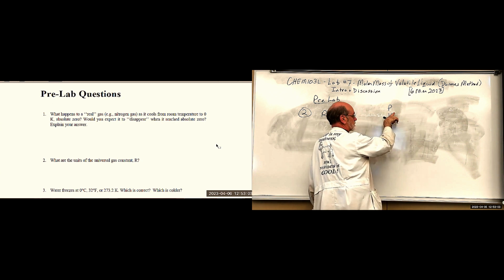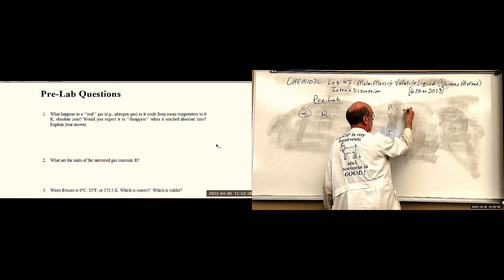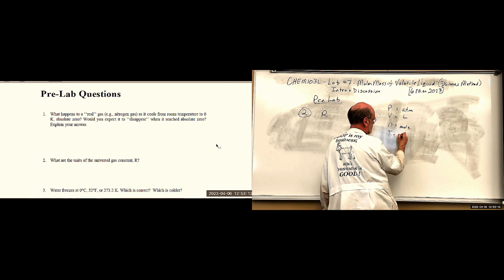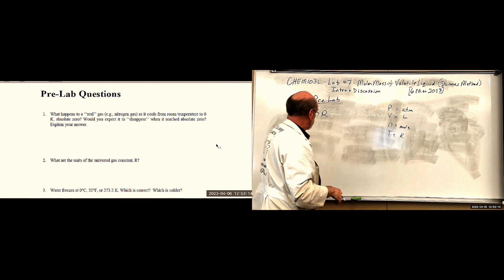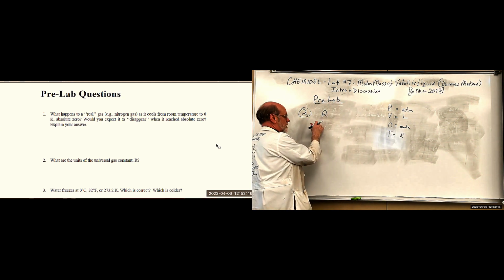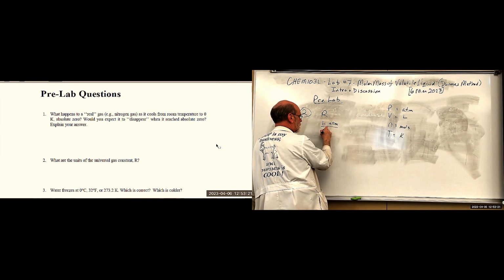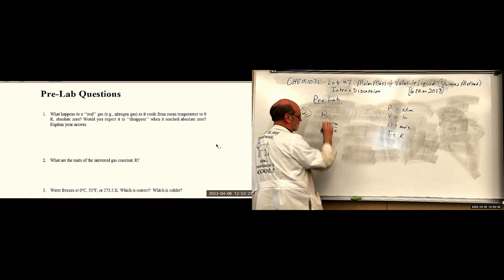Pressure will be in atmospheres, volume will be in liters, this is moles, and this is K. So the units of R are liter atmosphere per mole K.